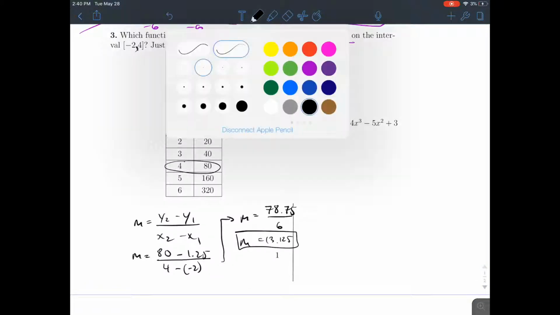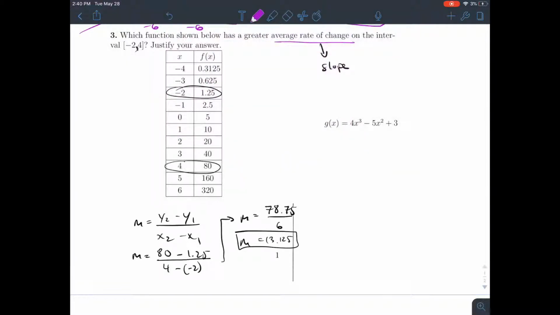Now, for the second function, we actually need to find our x and y values. Wow, that's strange. Usually it's pretty neat. Let me redo that. We need to find our x and y values. So it looks like when x is negative 2 and when x is 4 are the 2 points we care about.